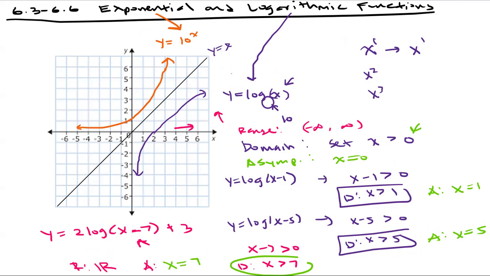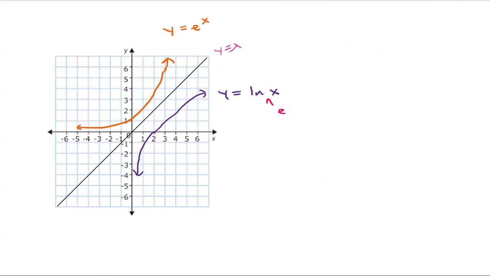Remember, on the y-axis there is an asymptote. So same for the ln. There is an asymptote coming down here on the y-axis, so that means the graph can't pass that. So if you plug in 0 or a negative number, it's going to give you an error.